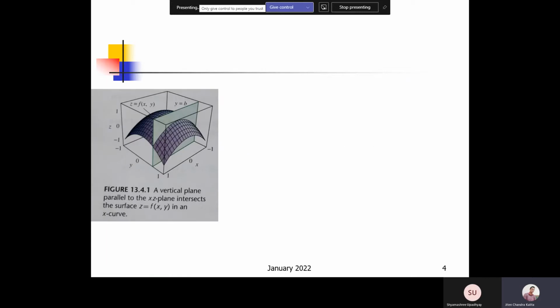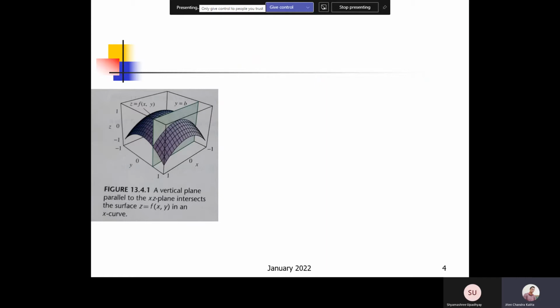Now see, this is the scenario. When we try to find the partial derivative of f with respect to x, we keep y fixed. Suppose at that point (a, b) we consider a plane y equal to b.